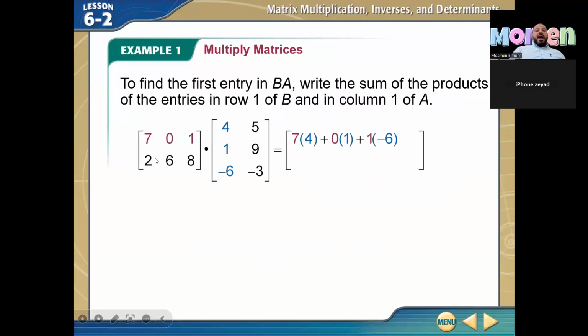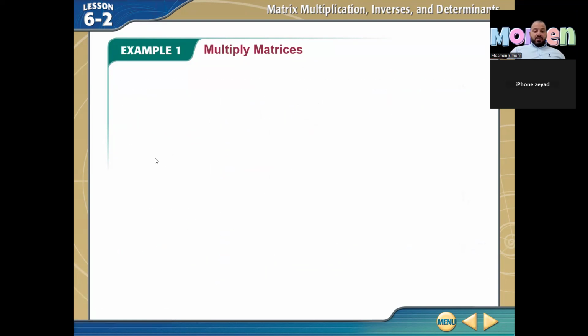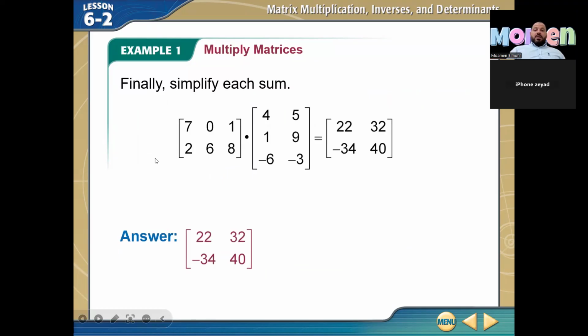These are the steps as you see, and we get the result as we said: 22, 32, negative 4, 34, and then 40.